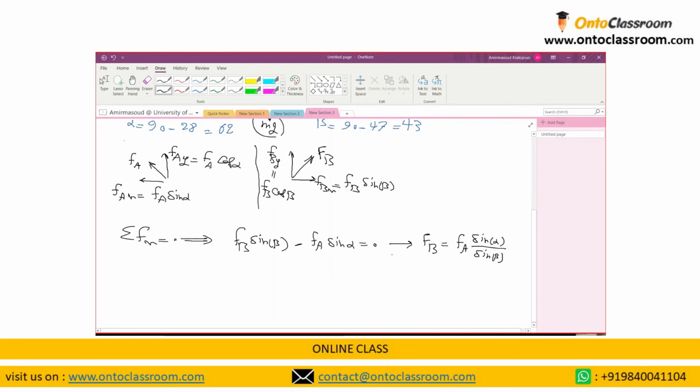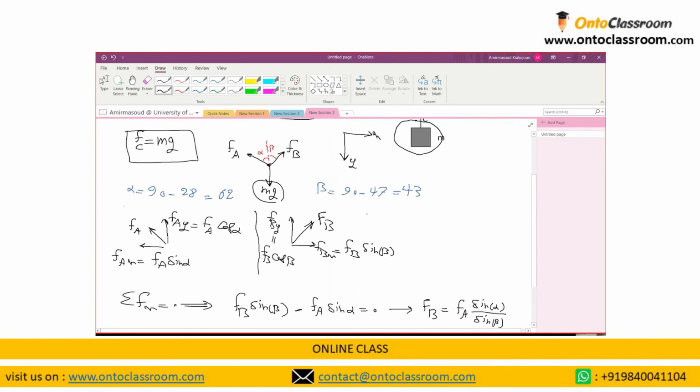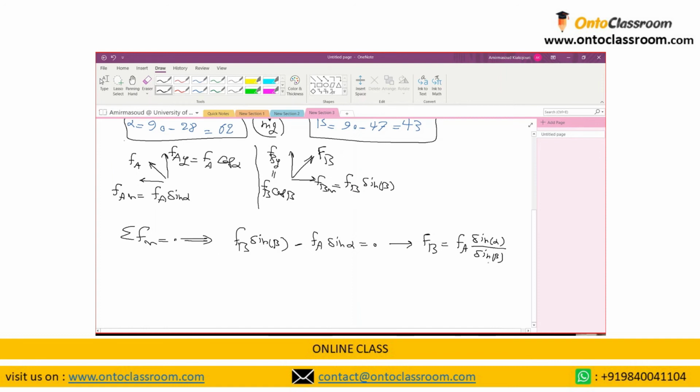So I have this value, the alpha and beta. It means that I can calculate this term.